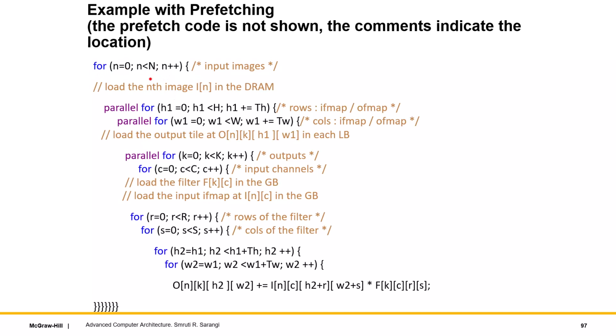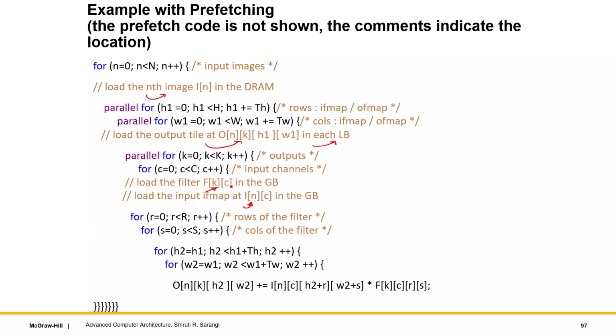So if you are going image wise, we can load the nth image in the DRAM, and then if you are going tile wise, load the output tile in each local buffer. And then since for each output tile we are iterating through the input channels, in the global buffer we load both the filters as well as the IF map. So this is an output stationary architecture that we are looking at.